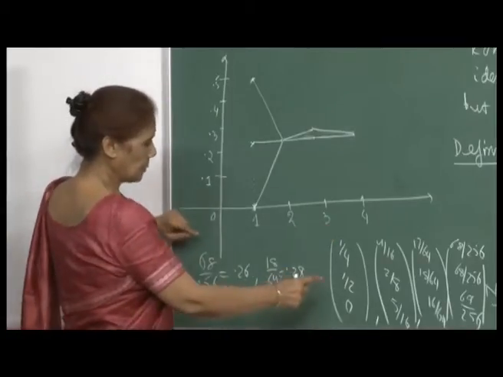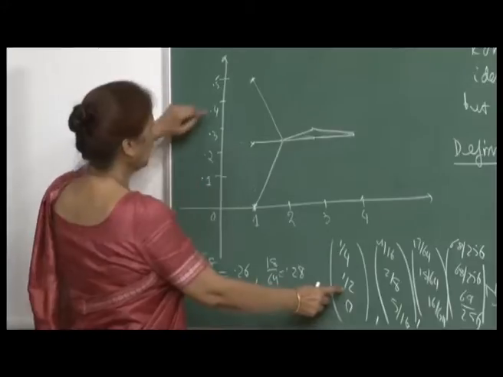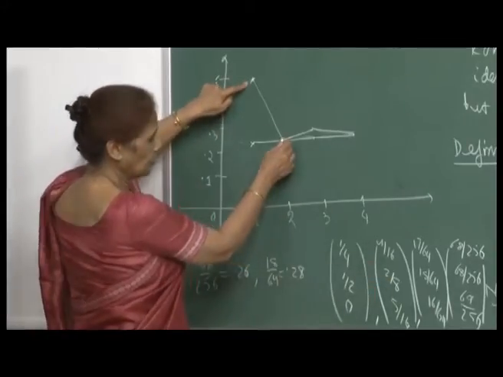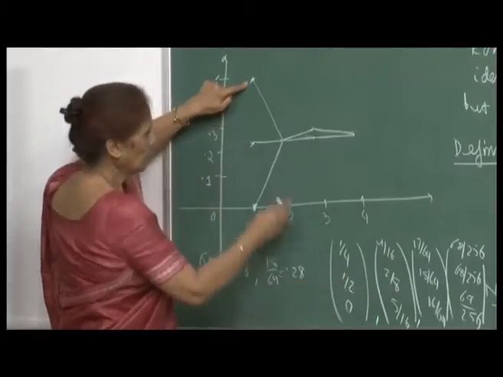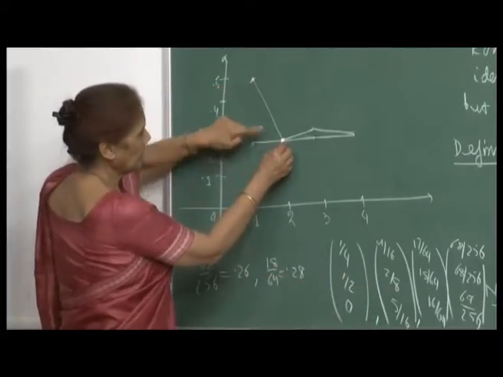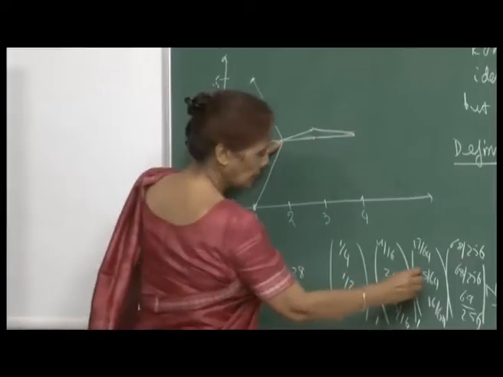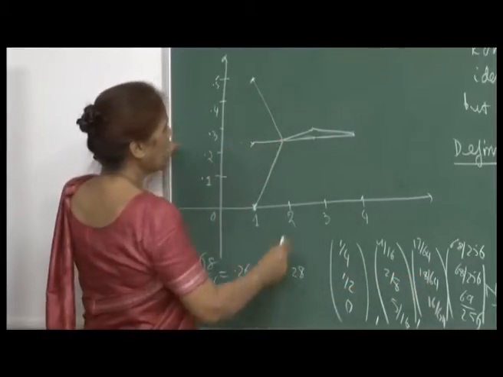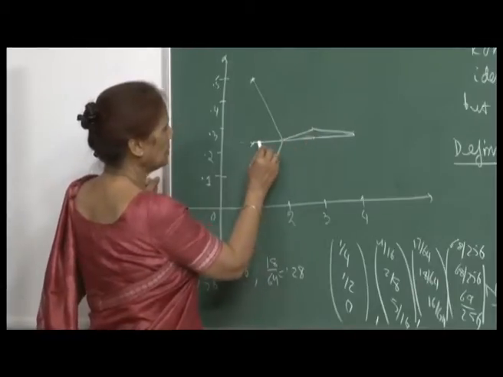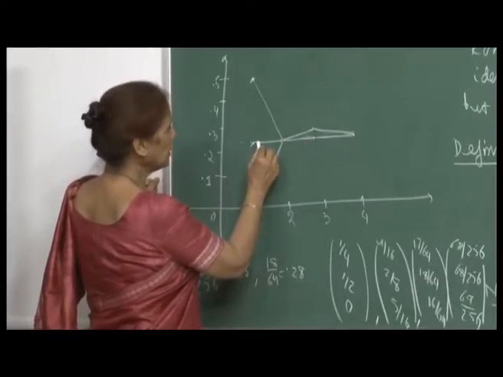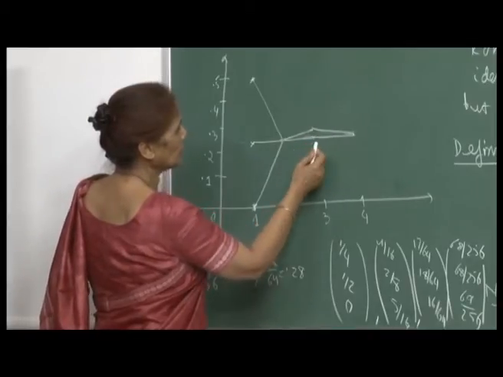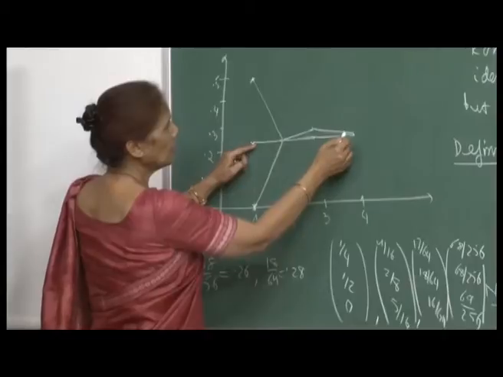Then if you look at P23, it starts from half, then it immediately comes down to 0.25 because this is 1 by 4. In the next one it goes to 18 by 64. Because very slightly it goes up and then again it settles here, this is the graph for P23.